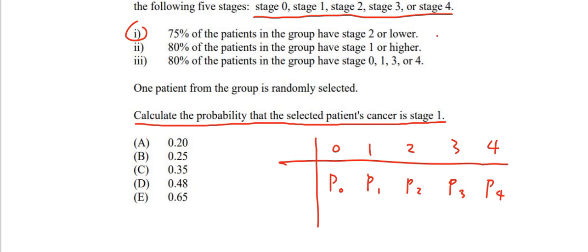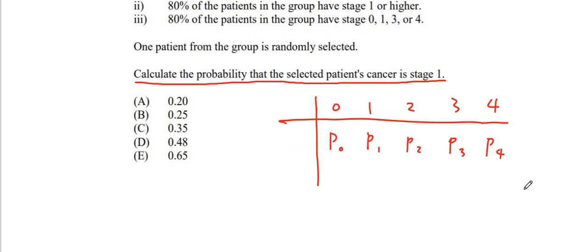So this means P0 plus P1 plus P2 equals 0.75. Then check the second condition, 80% have stage 1 or higher.